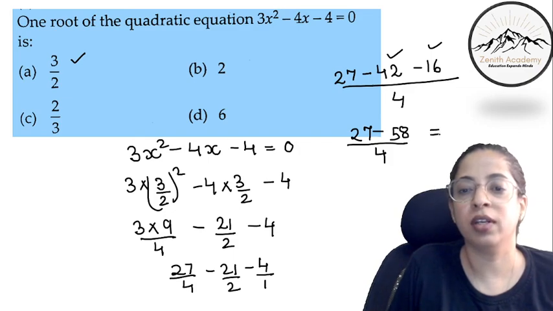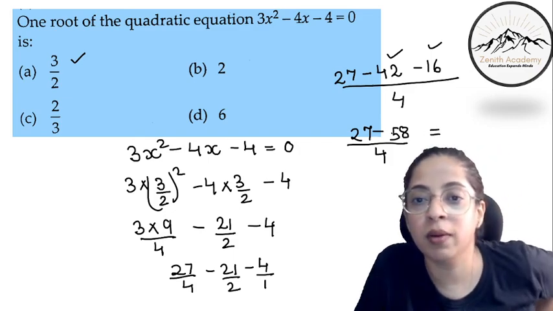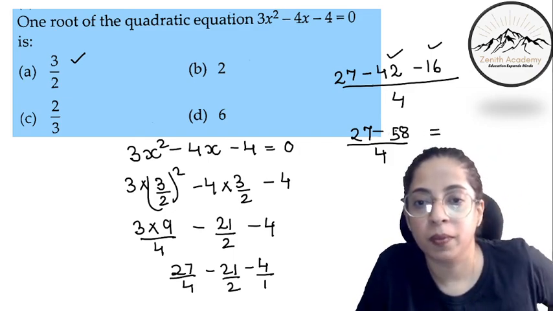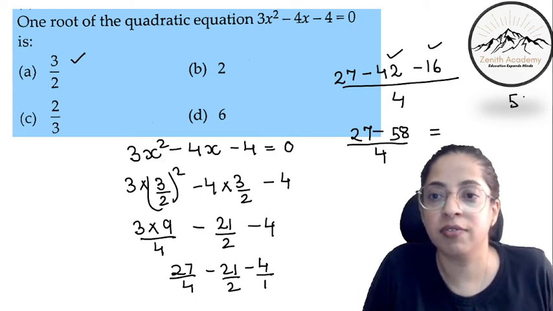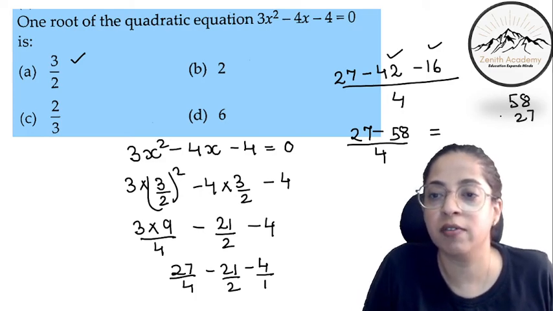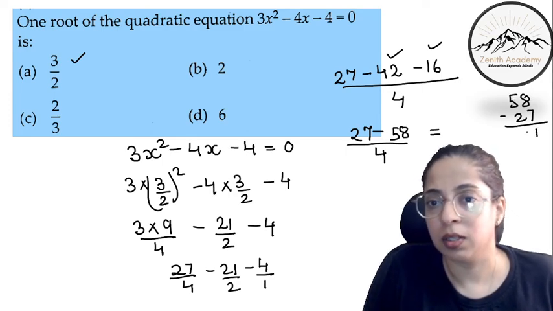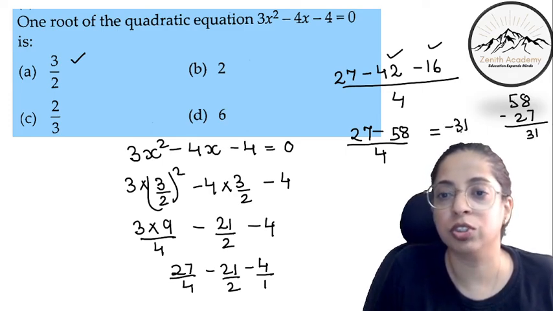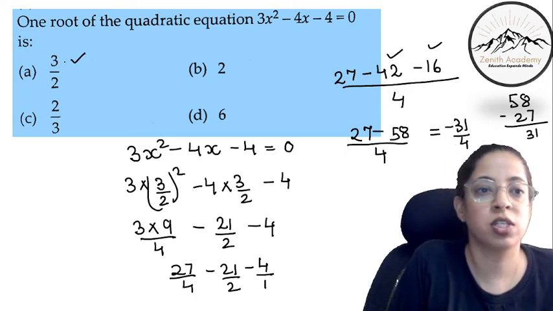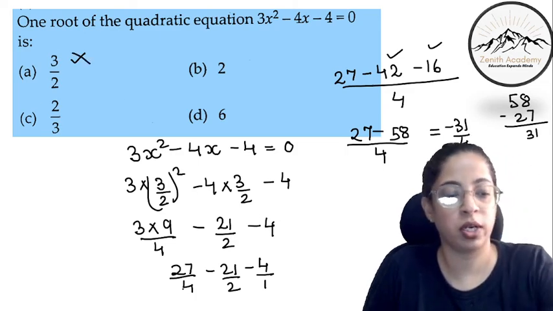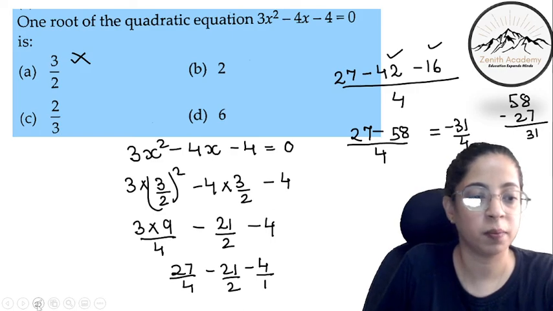It is no way turning around to be equal to 0, है ना. See, these are different signs, 58 and 27. So you subtract it, minus 31 by 4. So this is not equal to 0. So this can't be a root of this quadratic equation. Correct?